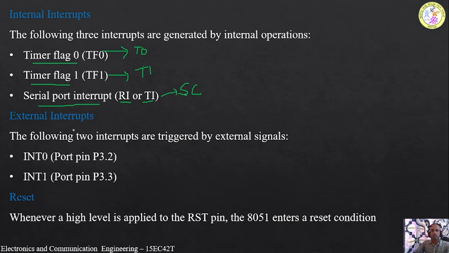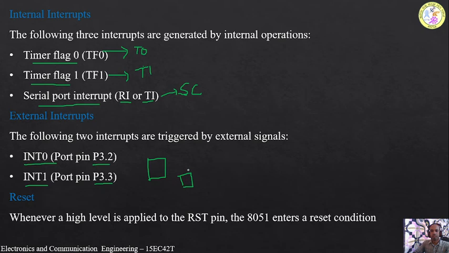And again, there are two external interrupts, called INT0 and INT1. INT0 is on pin P3.2, whereas INT1 is on pin P3.3. These two interrupts are generated by external devices. The microcontroller is there and some external device is there.